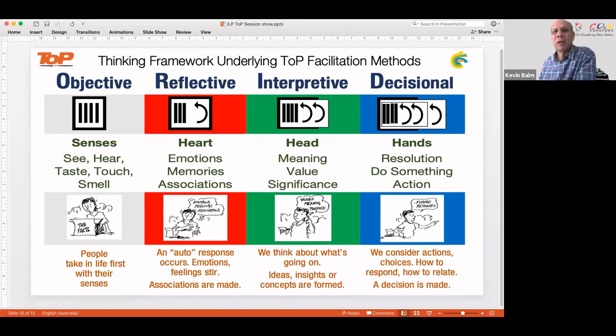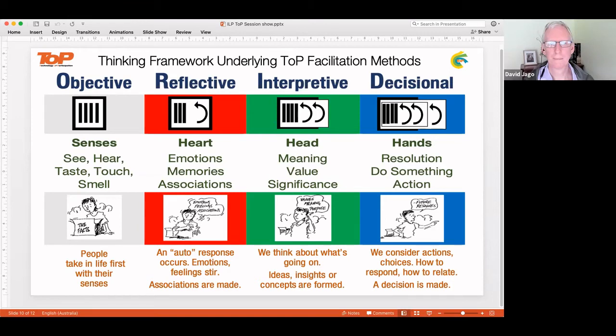Whether that situation is about developing a community development strategy, or how to more effectively work as a team, or how to improve the quality of our customer service, or how to make our processes more transparent and less repetitive, etc. Whatever the topic of conversation, every ToP methodology overlays this meta process, on that conversation, together with a couple of other meta processes. Okay?